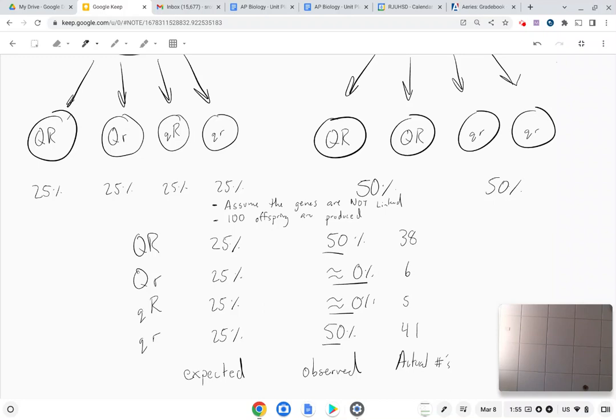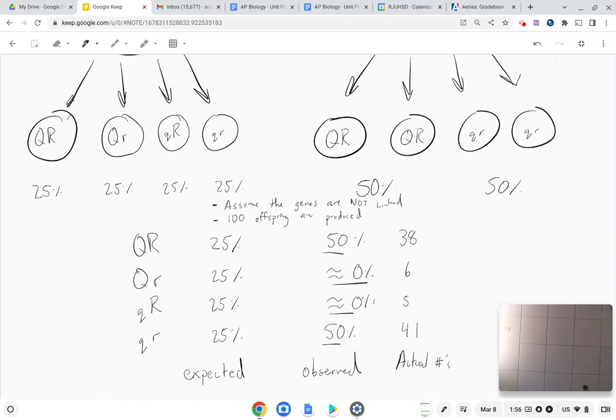So when we actually counted our offspring, we got something like this. 38 of them were this, 6 of that, 5 of that, 41 of that. So you're noticing right away, you're like, wait a minute, it's not 50, 50, 0, 0. It's a little bit off from that. There actually are a couple individuals where the alleles did in fact separate.